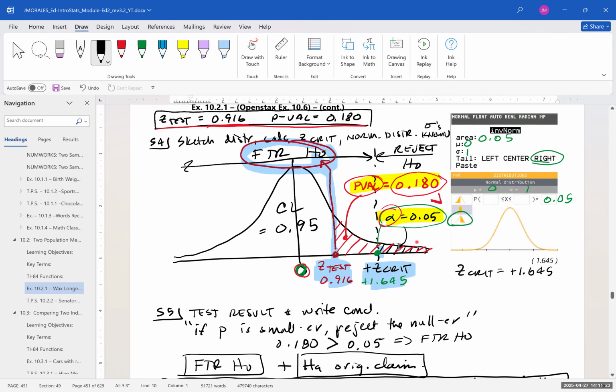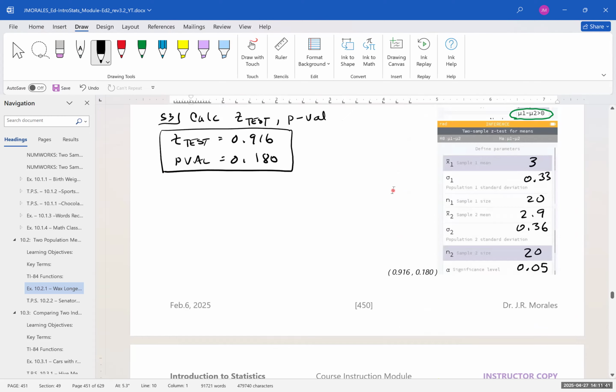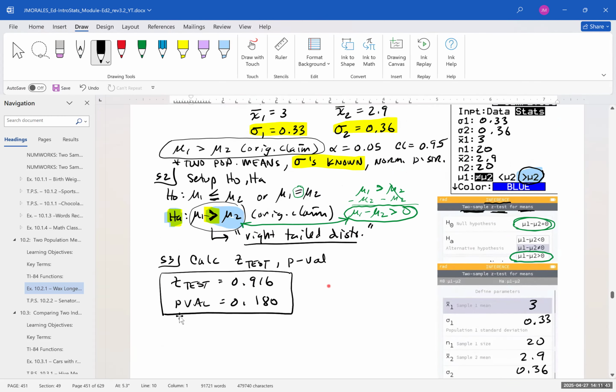Drawing this figure and comparing apples to apples and oranges to oranges to see whether you're going to be rejecting or failing to reject, that's the same as before. We used an inverse distribution function to help us get this critical value. That's the same as it was before. Step 3, we're calculating a test statistic and a p-value. Okay, that is also the same as we did before.